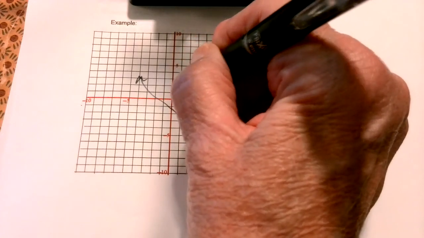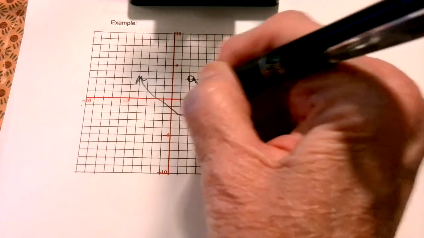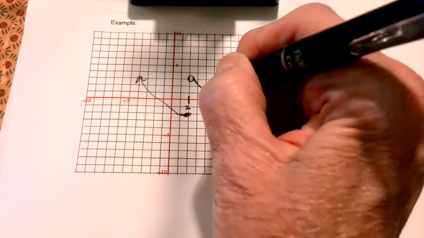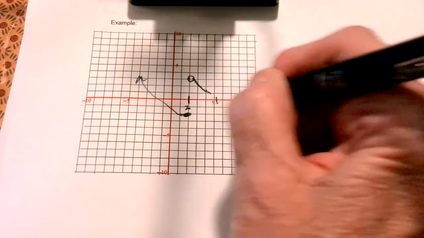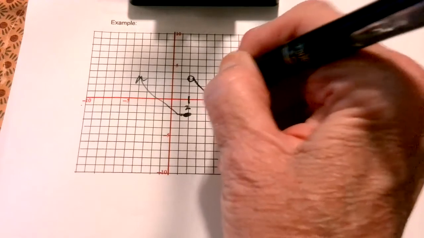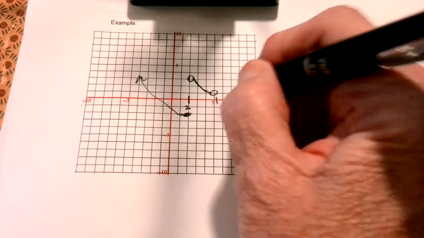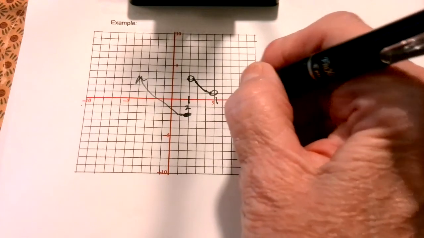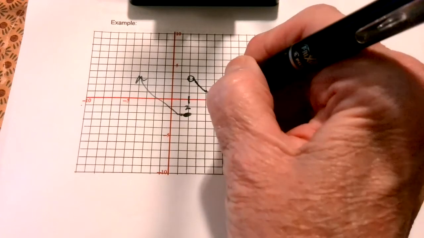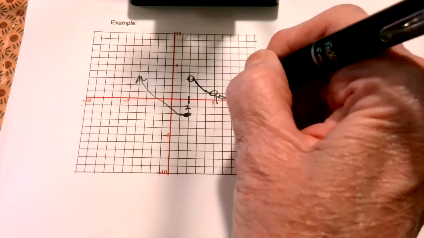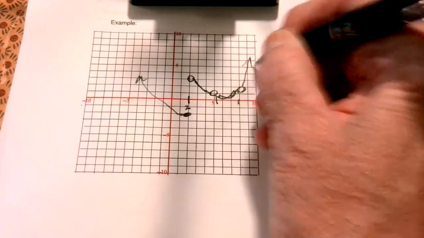It does something at 5. At 5, it has a hole at 5. And then it also has a hole at 8. And so it kind of dips down, and then it comes back, and it's got a hole right there, and then it just keeps going.